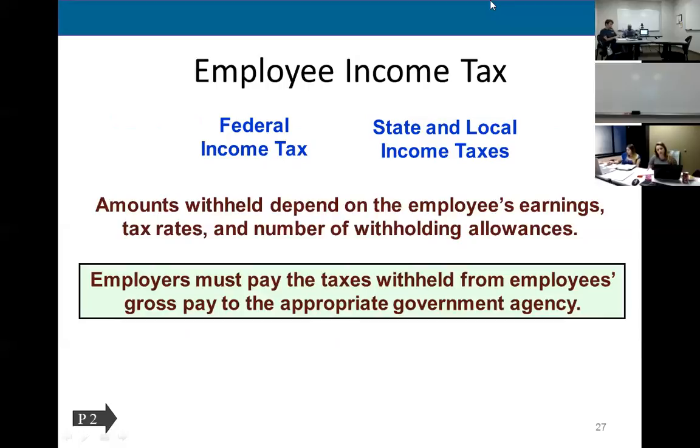Did that today. Okay. So federal income tax is based on your employee's earnings, tax rates, and number of withholding allowances. And employers must pay the taxes withheld from employees' gross pay to the appropriate government agency. You can't hold on to it. So your employer keeps and withdraws that from your paycheck.